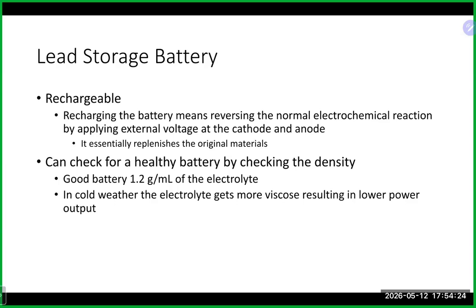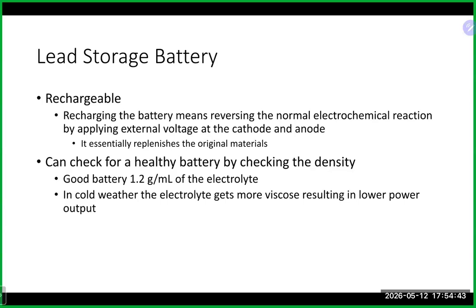It is rechargeable, which means reversing that normal electrochemical reaction by applying an external voltage. Also, we don't drain out our batteries because we've got things like alternators in our cars as well.